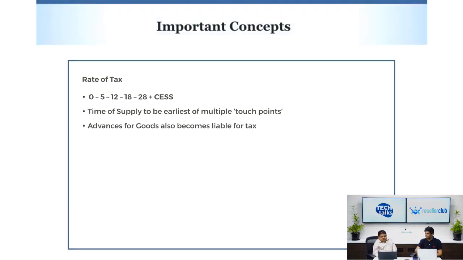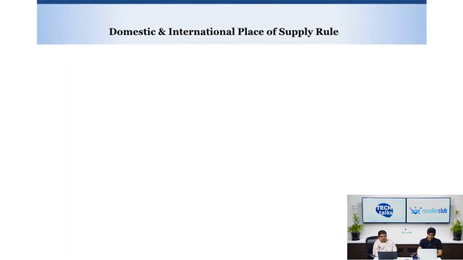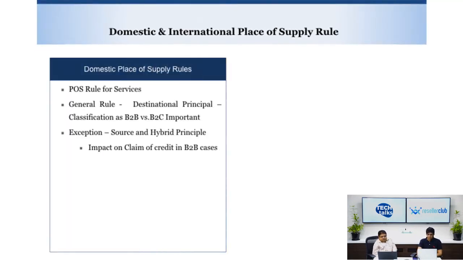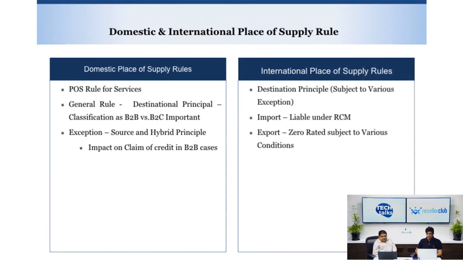Moving on, the last slide speaks about the place of supply rule. Under it, if you are domestic, and when we say domestic, it means supply within India, the place of supply rule is generally destination based.